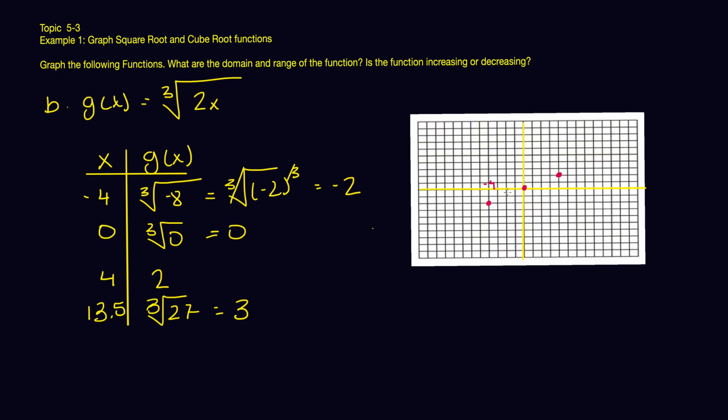And it looks like there's a rotational symmetry, like this is an odd function. So this is 4, 5, 6, 7, 8, 9, 10, 11, 12.5, and we're at 3. So since there's a little bit of symmetry, negative 4, 1, 2, 3, 4, 5, 6, 7, 8, 9, 10.